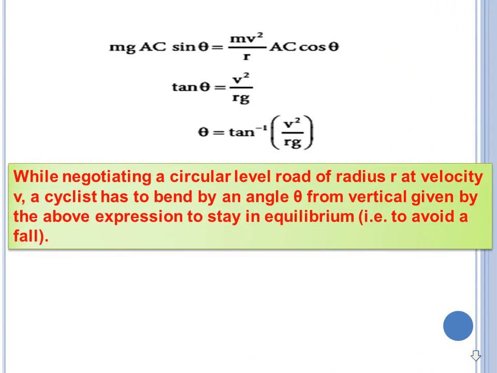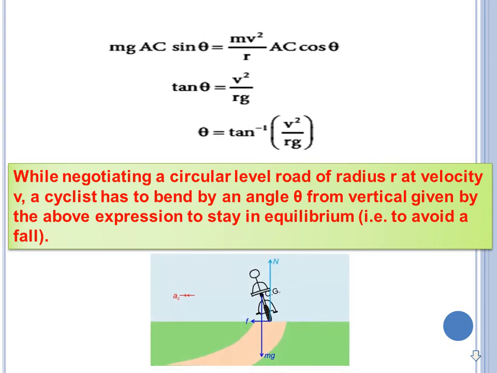While negotiating a circular level road of radius r at velocity v, a cyclist has to bend at an angle theta from the vertical given by the above expression to stay in equilibrium, that is, to avoid a fall. Let me show the picture of how the boy used this to negotiate a circular level road and avoid a fall.